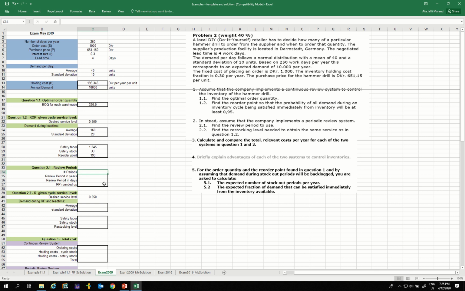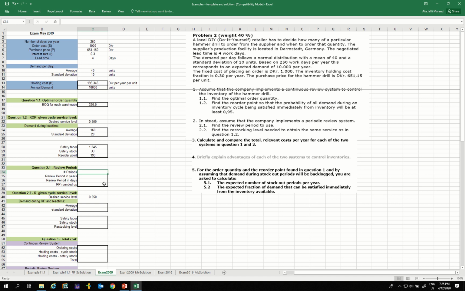If you remember, we said that in our calculations for the restocking level, we assumed the review period RP is given and is known. But here we don't know what that is. But we can do some calculations based on the EOQ formula, based on the optimal order quantity, to find a good estimate for the review period.